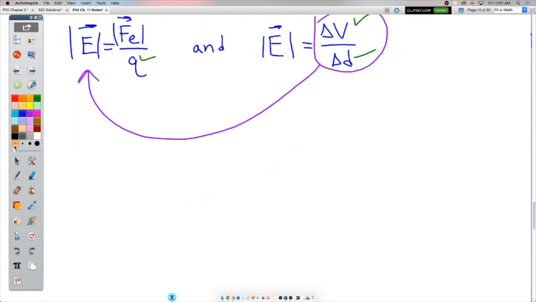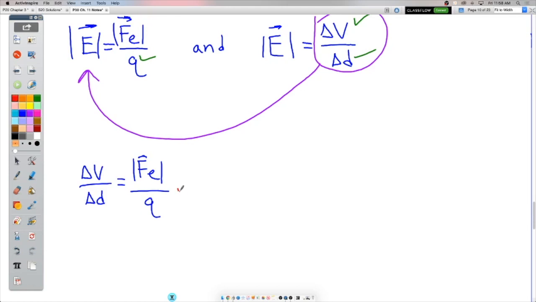Yes, the electric field is equal to the electrostatic force over the charge, but since the electric field is also the potential difference over the separation distance between two plates, that is equal to the electric force over the charge, right? Essentially what I'm saying is the electric field equals the electric field, which is of course true.